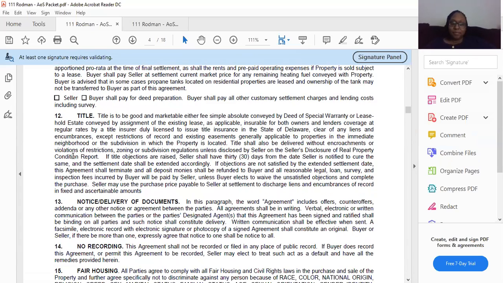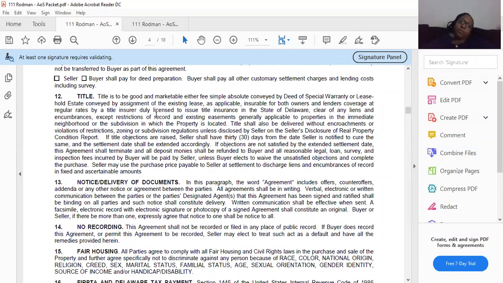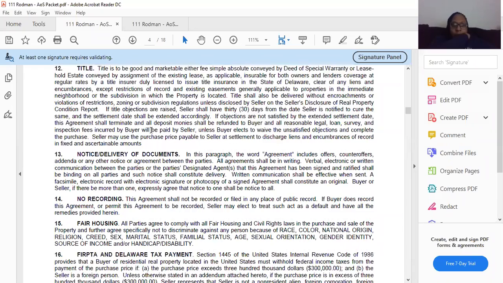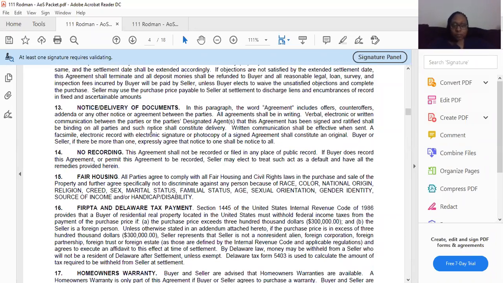So the next couple of sections talk about the title being in good marketable condition, meaning there are no liens on it. The attorney is going to do the title work in Delaware for you, so they will let you know if there are any liens on the property prior to settlement. These could be any type of liens: utility liens, mechanic liens, mortgage liens.